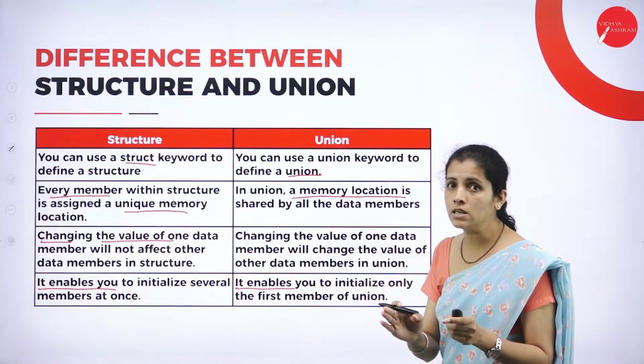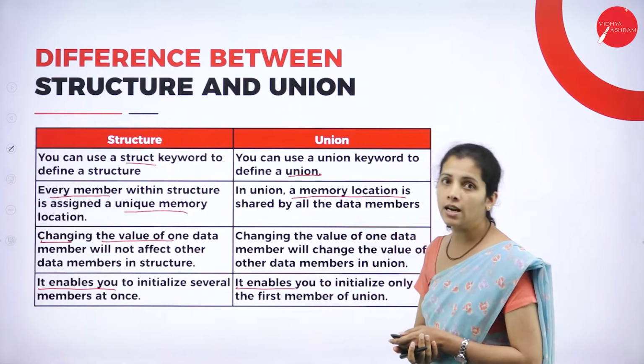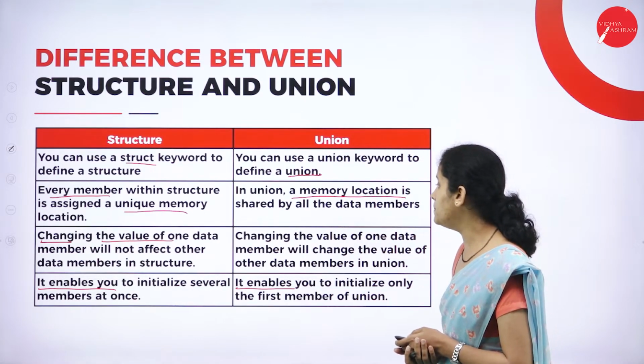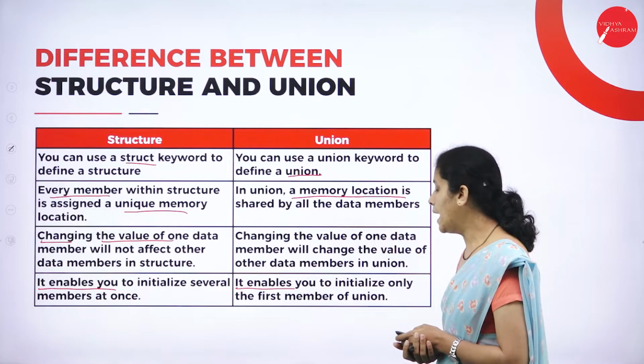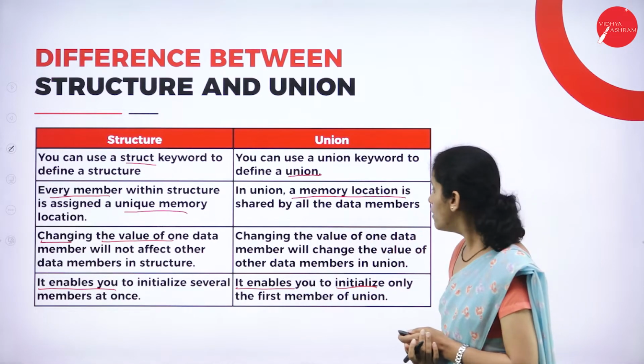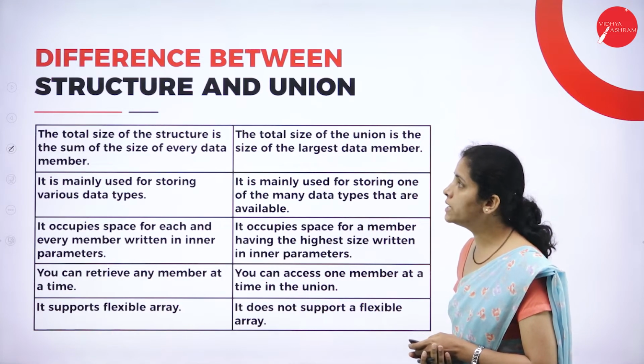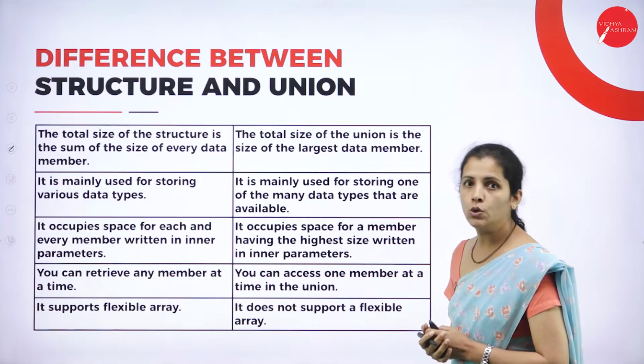For that reason, only one member can be initialized at a time. That means a union enables us to initialize only the first member. So these are the differences between structure and union.